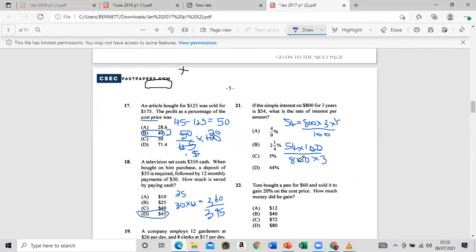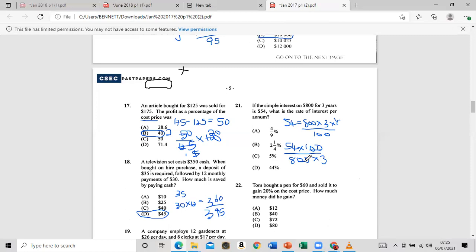So this to this. 3 can go into 54, that goes 18. 3 into this goes 18.